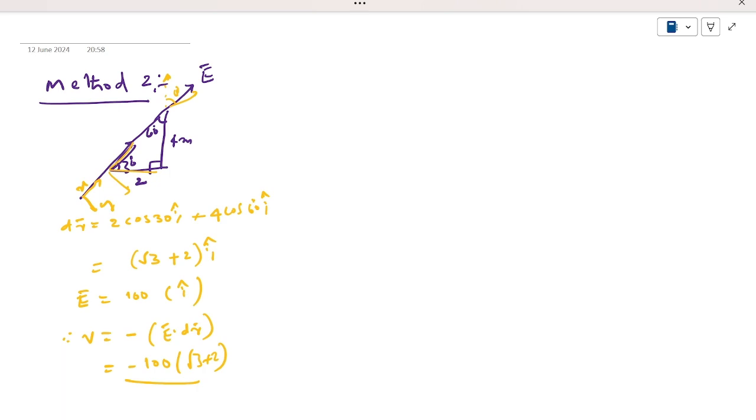So now the next question we'll see. Take the next question. The next model of the question: they have given x and y axis. This is a question related to equipotential surfaces.